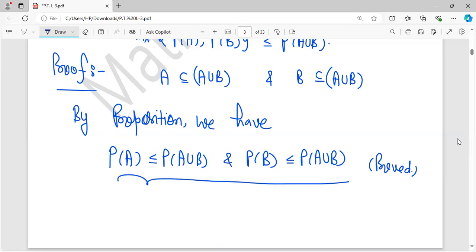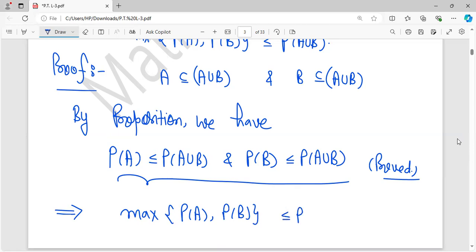Now next, because probability of A is less than or equal to probability of A union B, and probability of B is less than or equal to probability of A union B, this implies the maximum of probability of A and probability of B will be less than or equal to probability of A union B. So this part is also true. Okay.